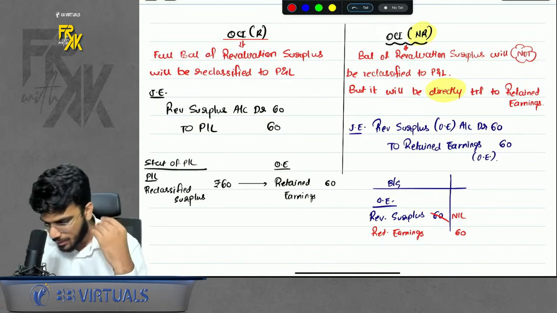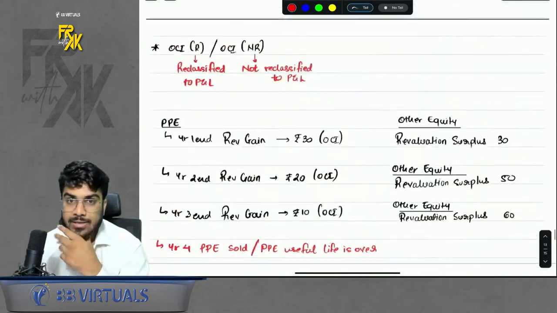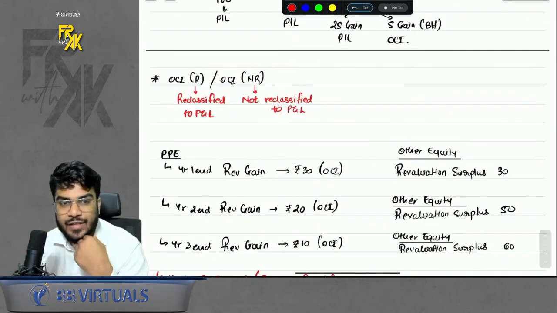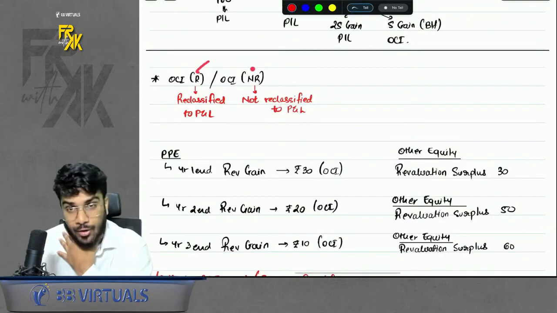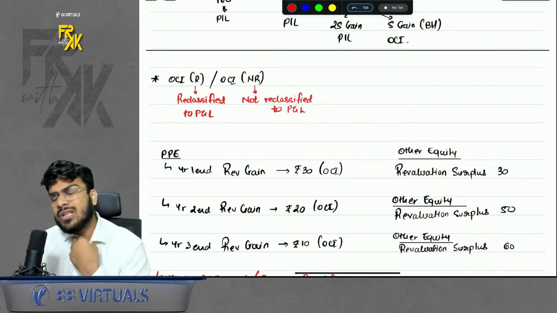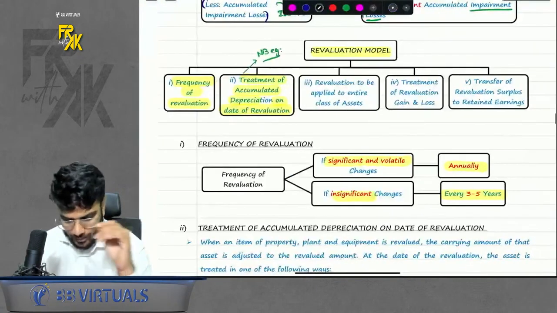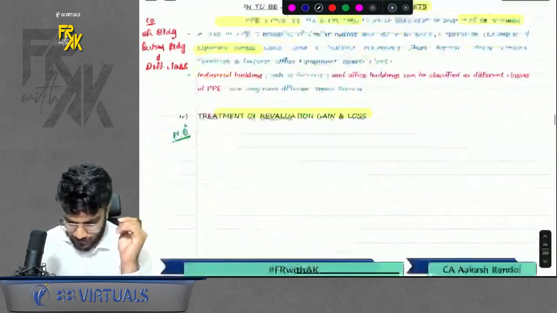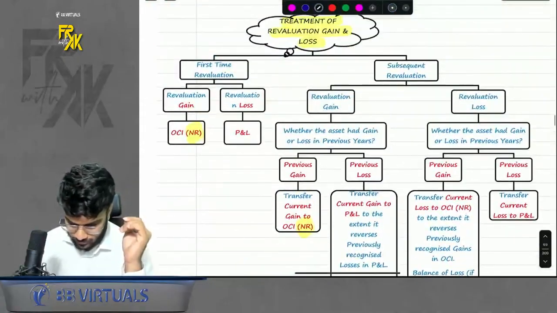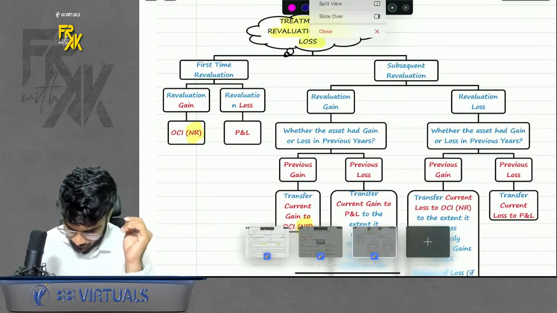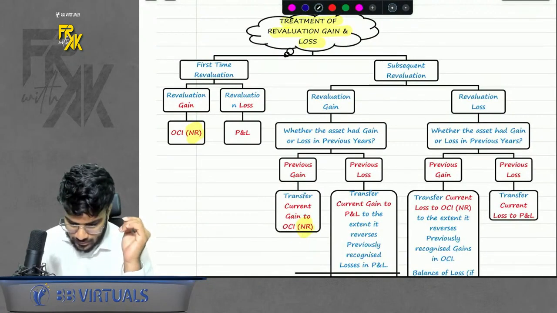Yes? So now the question arises is, sir, for PPE, which one do we opt, R or NR, or is there a choice with the company? Let's read the notes now. For PPE, what do we do? See the notes.